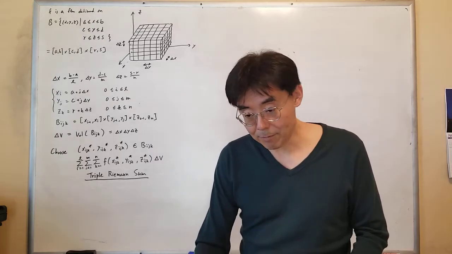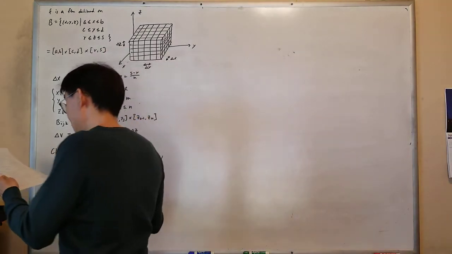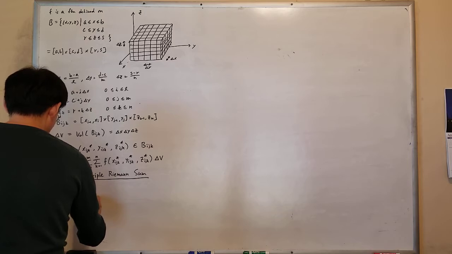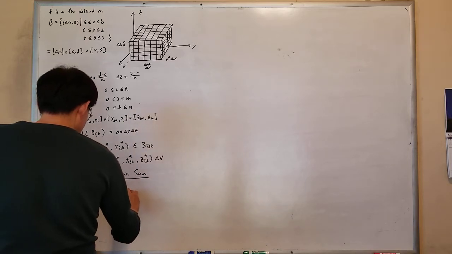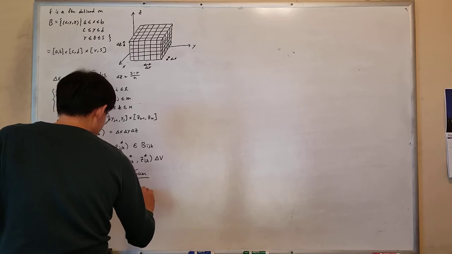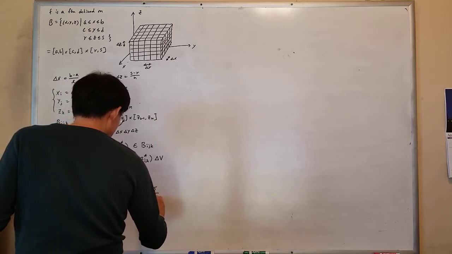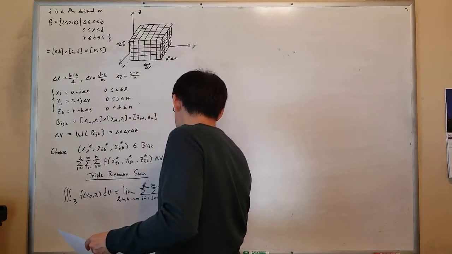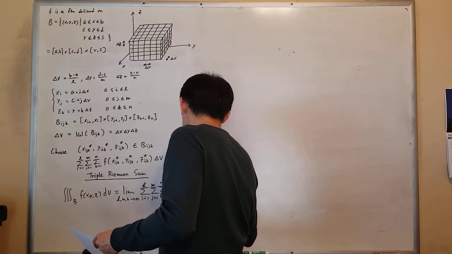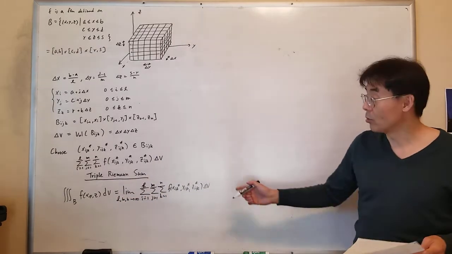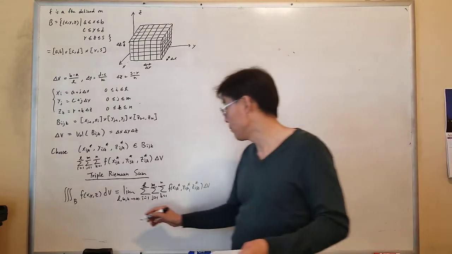Then the triple integral of function f over this box B, triple integral of f(x, y, z) dV, is defined as the limit, as l, m, n all go to infinity, of the sum over i, j, k of f(x_ijk*, y_ijk*, z_ijk*) delta V. The limit of the triple Riemann sum is what we call the triple integral, if the limit exists.